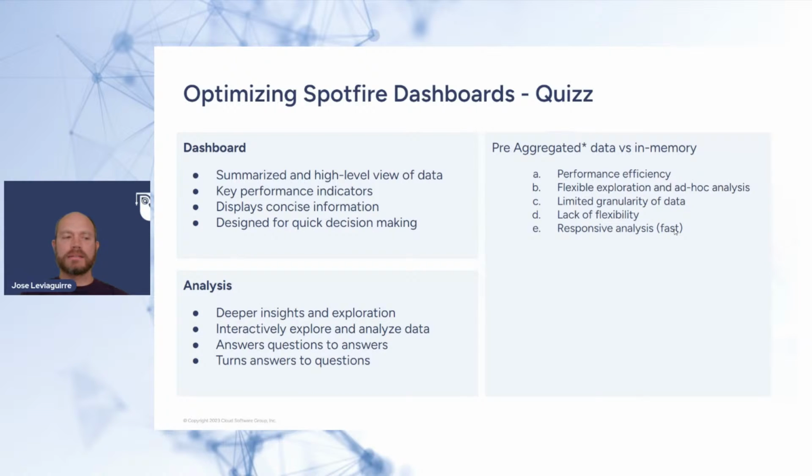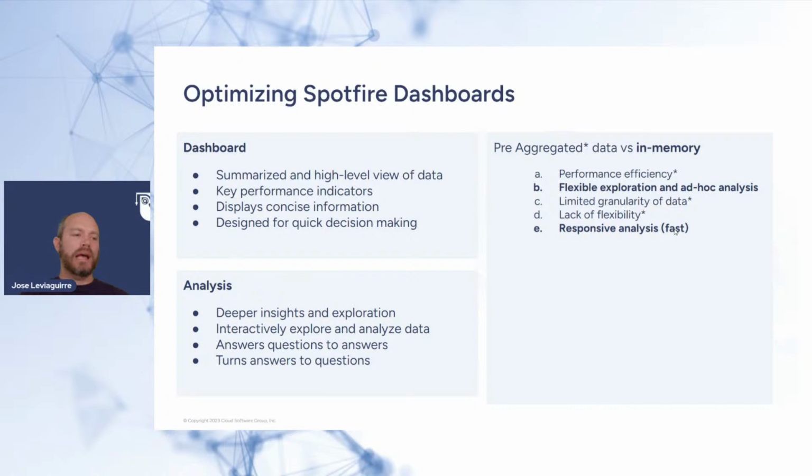Okay, or fast analysis. So the answer is flexible exploration and ad hoc analysis, that's in memory, and responsive analysis, which is fast when you have everything in memory. And the pre-aggregated is when you have performance efficiency when it comes to large amounts of data. You have limited granularity of the data and lack of flexibility when you have the pre-aggregated.